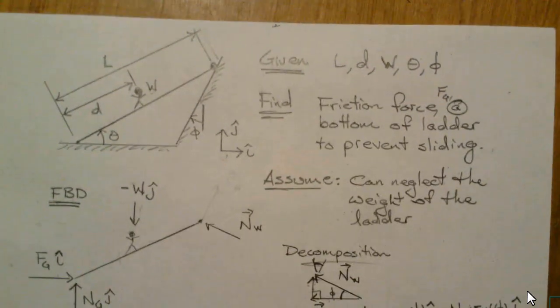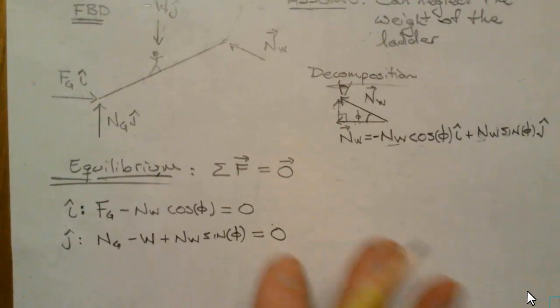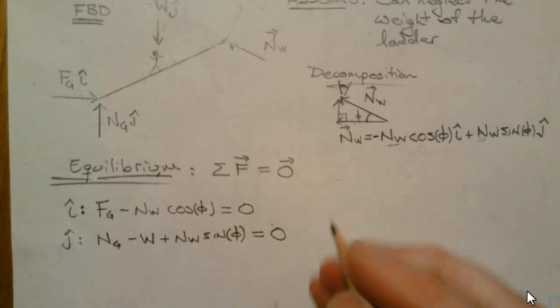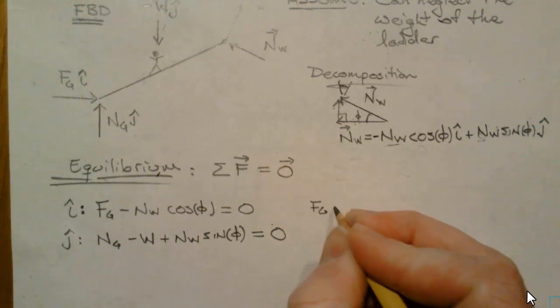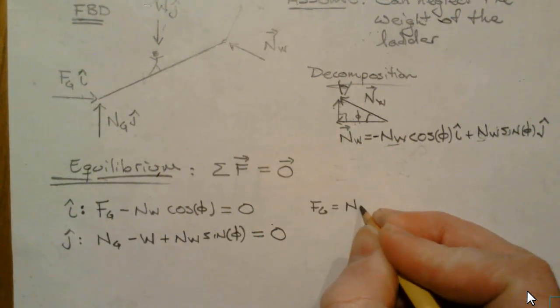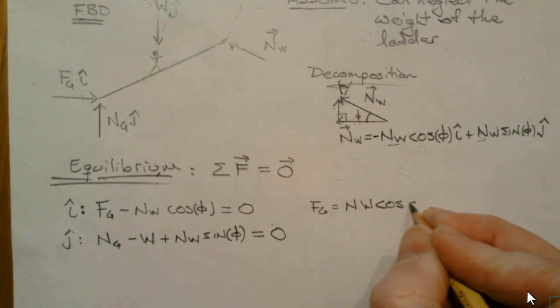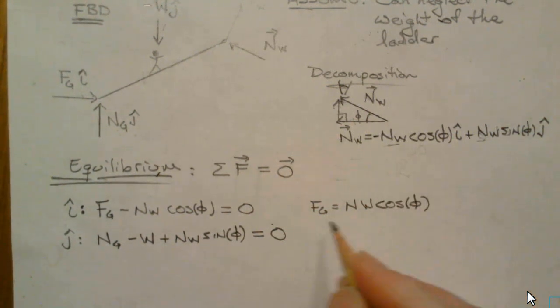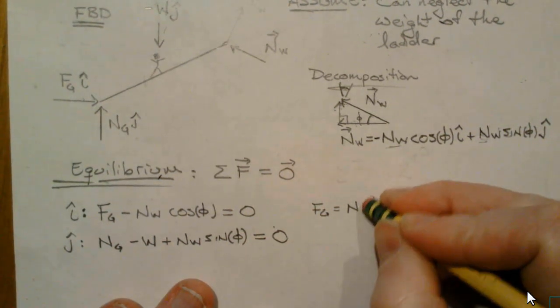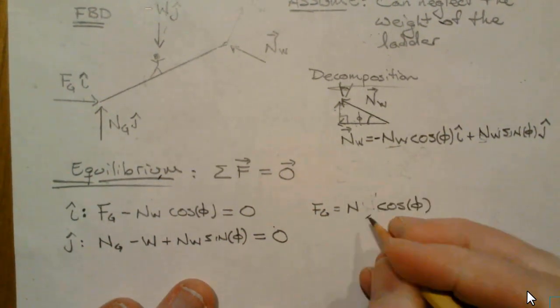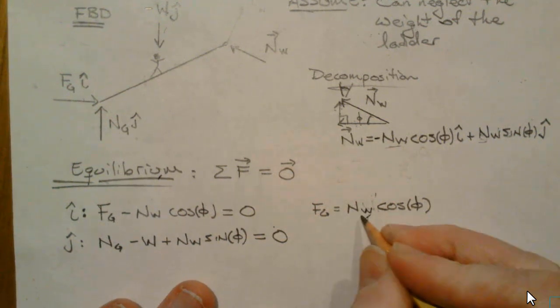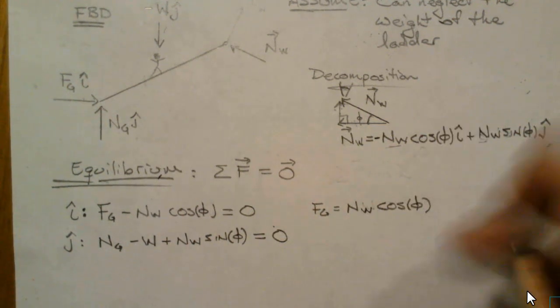Right now, I could, if I wanted to, just say Fg is equal to NW cosine phi, right? And there you might say, oops, it's not N times the weight, it's the normal force of the wall. So subscript W, sorry about that.